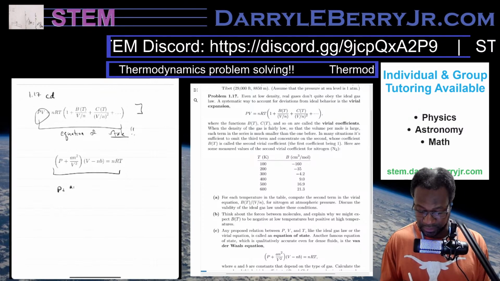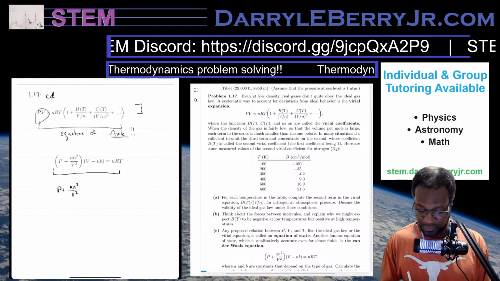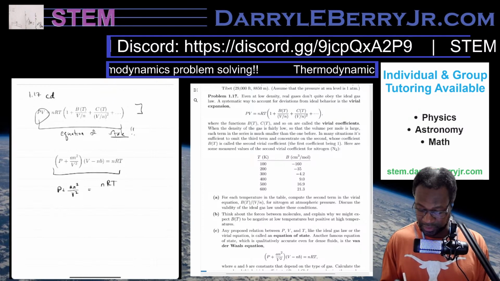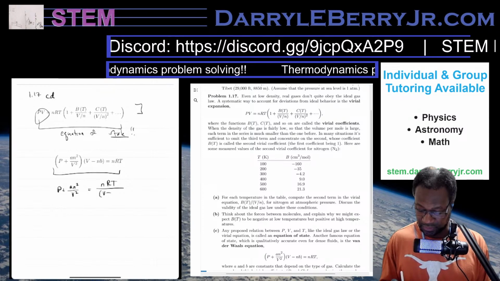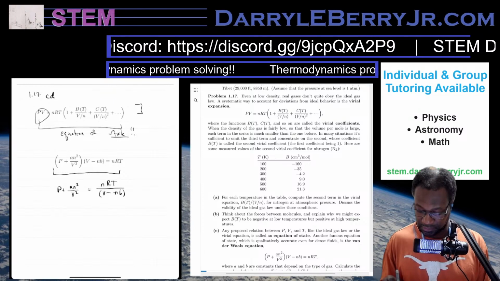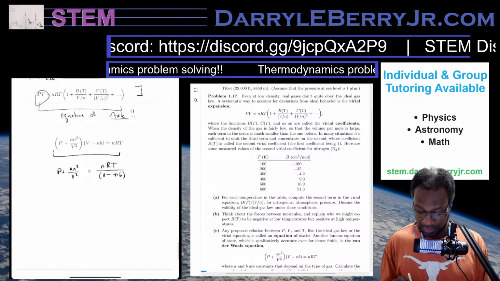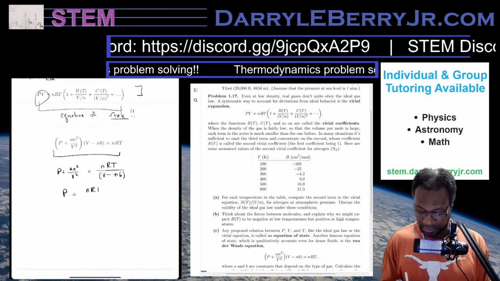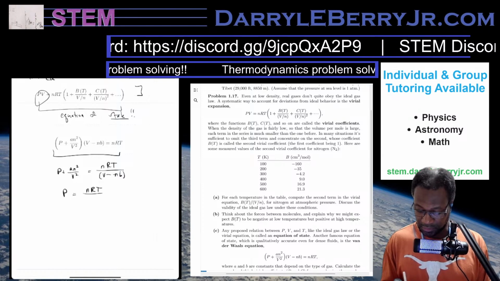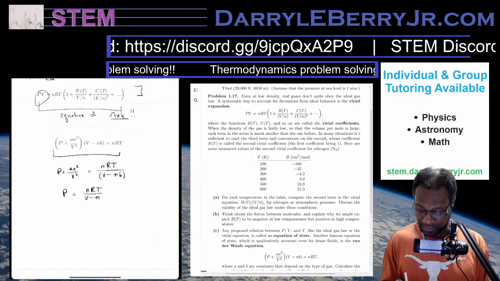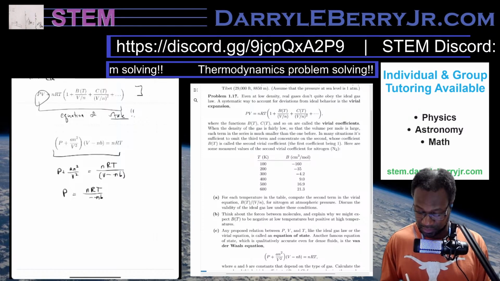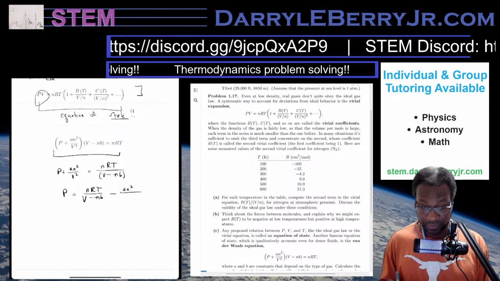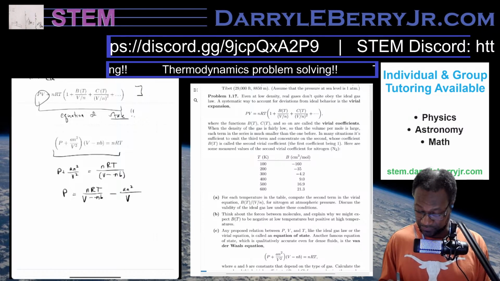So P plus a n squared over V squared equals nRT over V minus nb. And we have P equals nRT over V minus nb, minus a n squared over V squared.